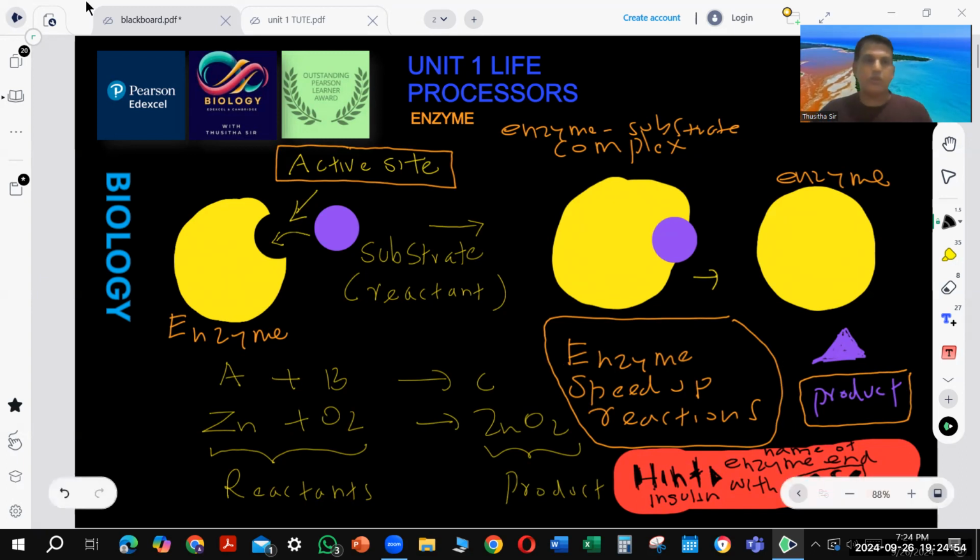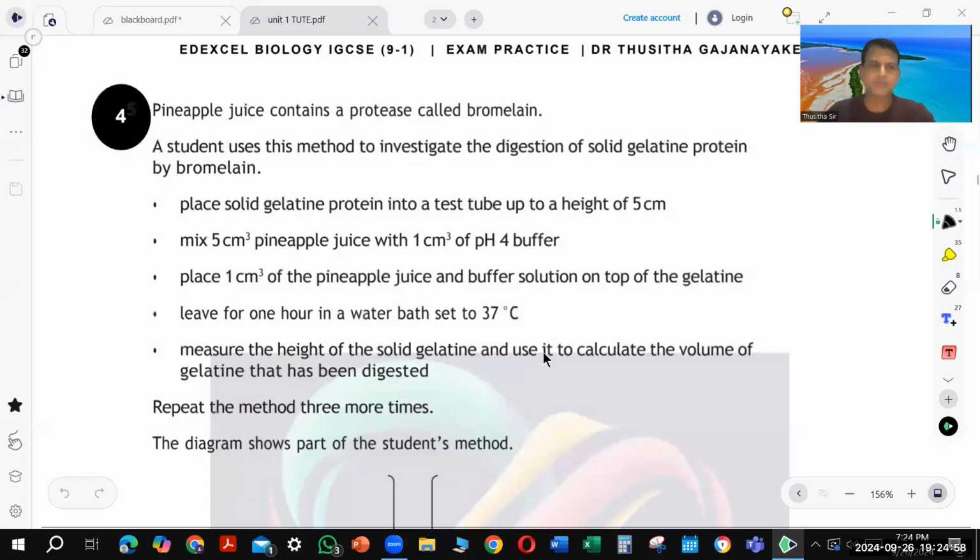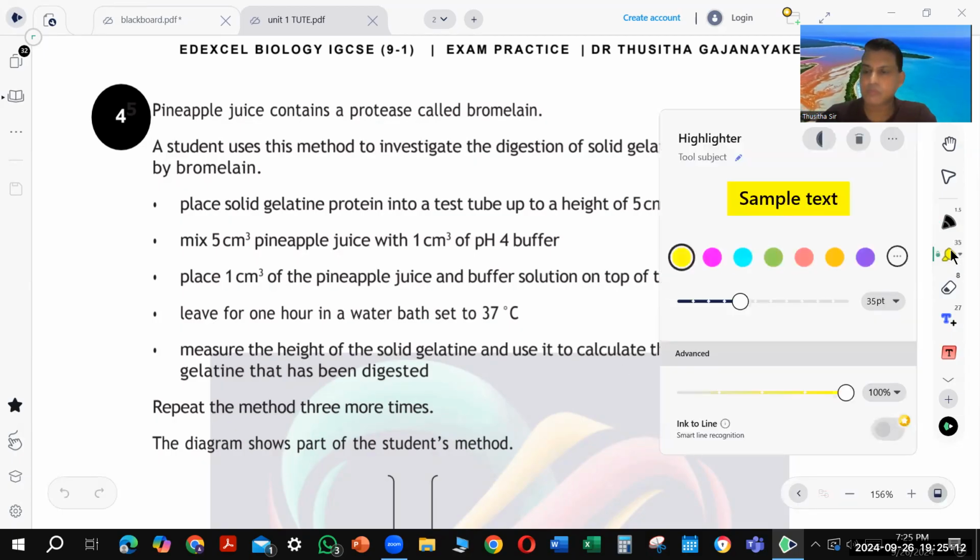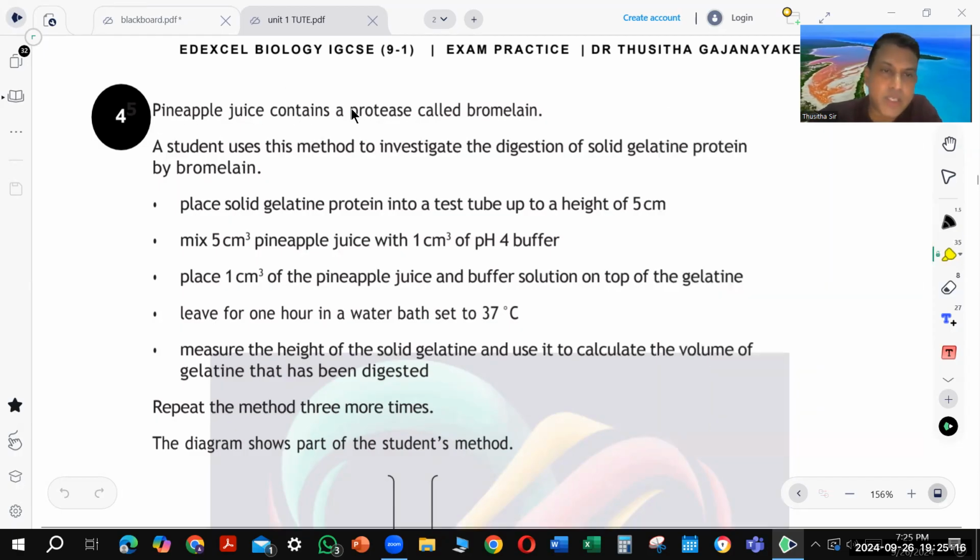Okay, so now we try to understand the question a little bit. Here, pineapple juice contains protease. You can see this ends with ase, so this is an enzyme.